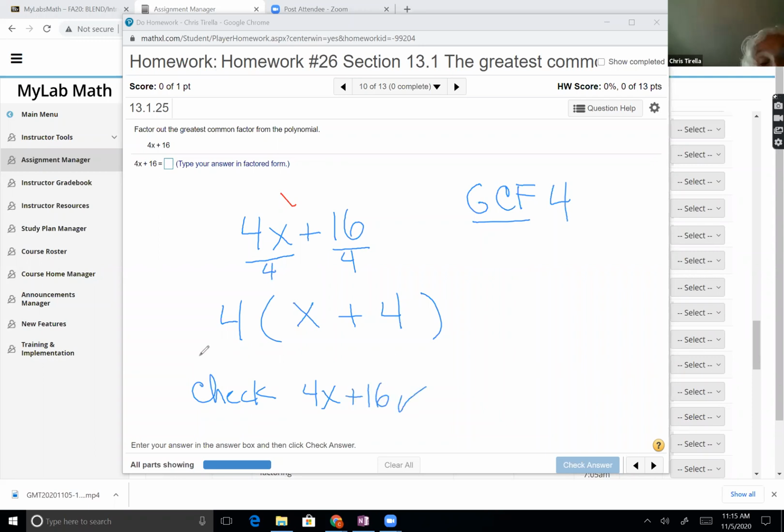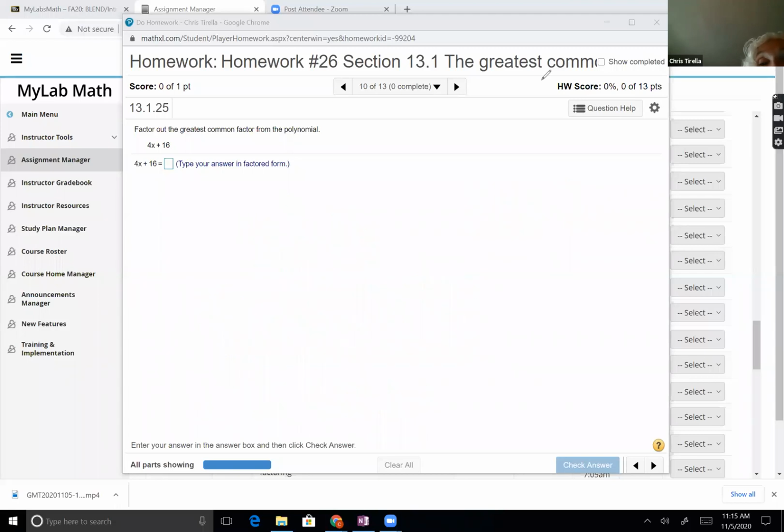And so it checks. But my answer again is that factored form, showing the multiplication between the quantities by writing them next to each other, those quantities that would multiply to give me my original problem. All right? Should we look at some more, or have we got it?